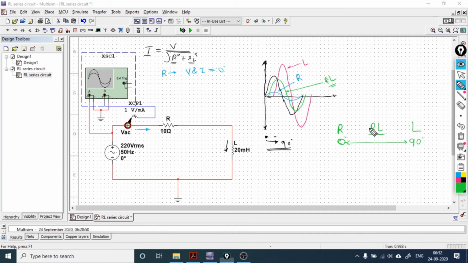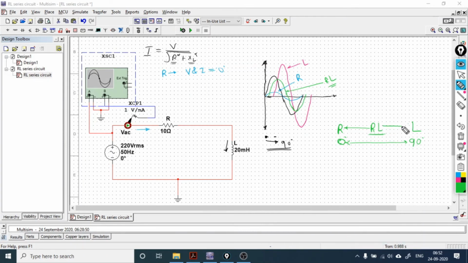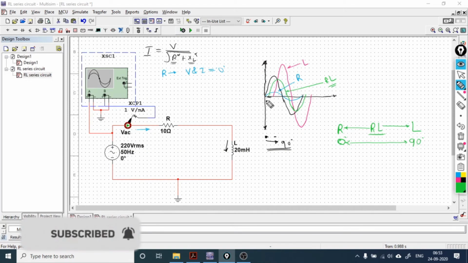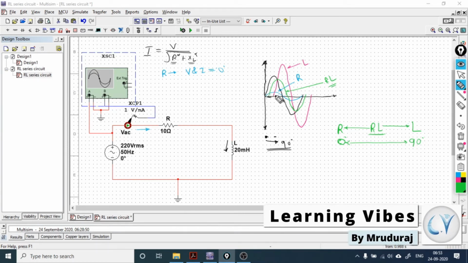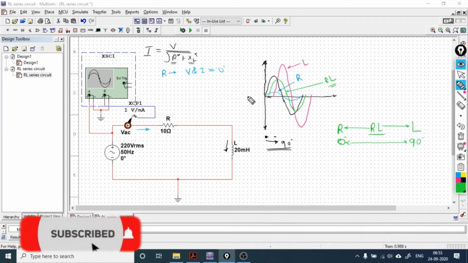If your circuit is more resistive, then your lag is less, and if your circuit is more inductive, your lag is more. As you can see from these waveforms, in initial circuit the resistance is too much high, or we can say purely resistive circuit. Then we have shifted to RL circuit, and then we have shifted to purely inductive circuit. So this is what happens with current when we shift from purely resistive circuit to purely inductive circuit.